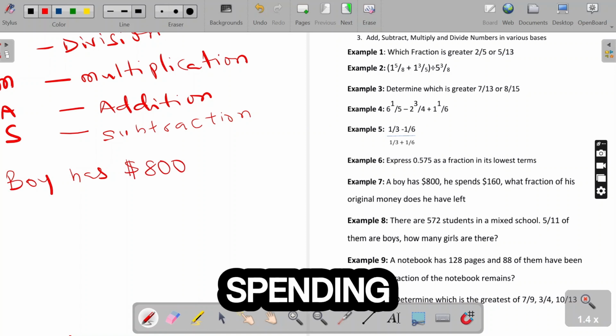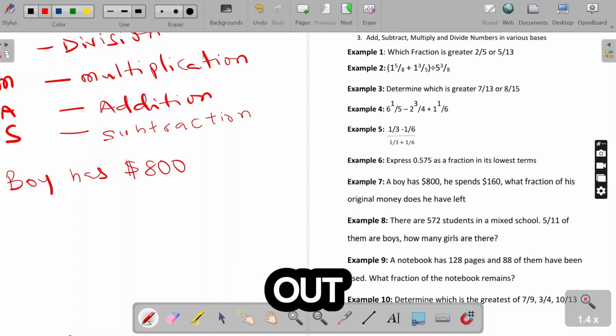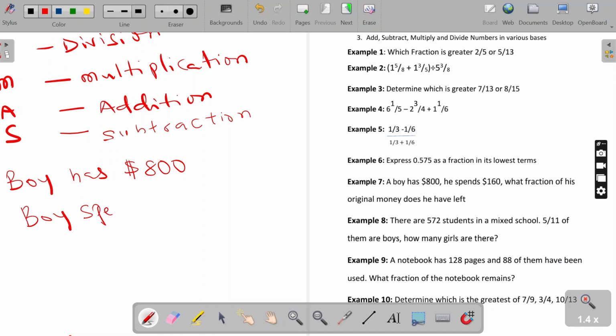Now he spends. Spending means he gives the money out. Out of $800 he has given out $160. So the boy spends $160.